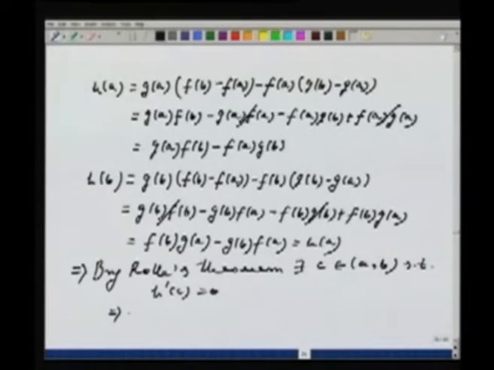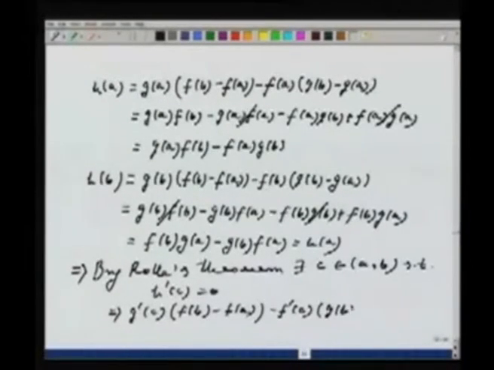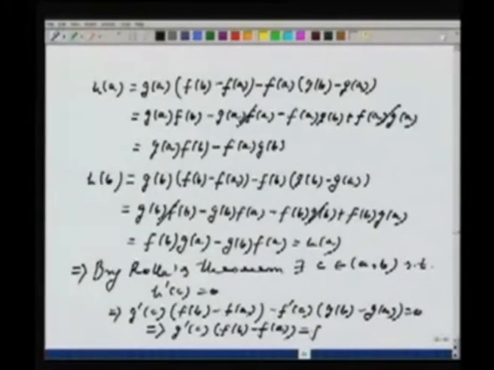This implies G prime C into (FB minus FA) minus F prime C into (GB minus GA) equals 0. This then implies that G prime C into (FB minus FA) equals F prime C into (GB minus GA). This is precisely what we wanted to prove.